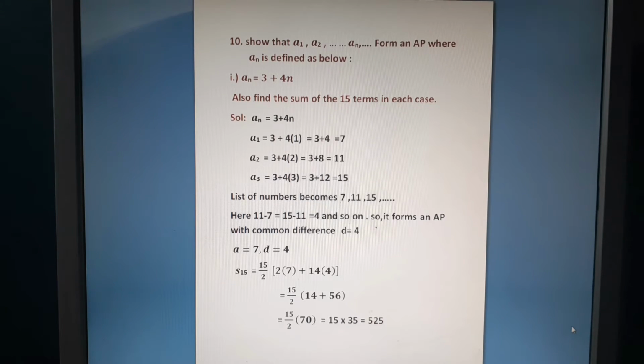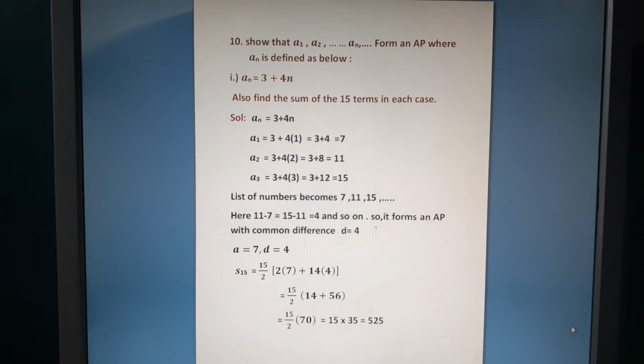a1 is equal to 3 plus 4 into 1, that is equal to 3 plus 4 is equal to 7. a2 is equal to 3 plus 4 into 2, that is equal to 3 plus 8 is equal to 11. a3 is equal to 3 plus 4 into 3 is equal to 3 plus 12, that is equal to 15.